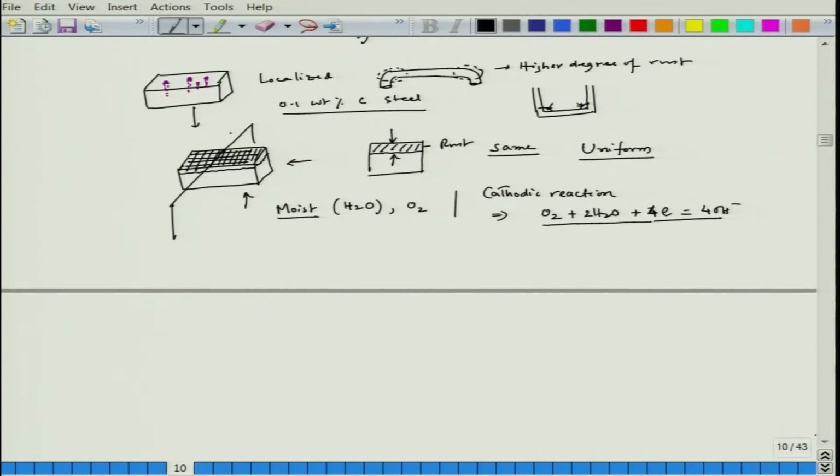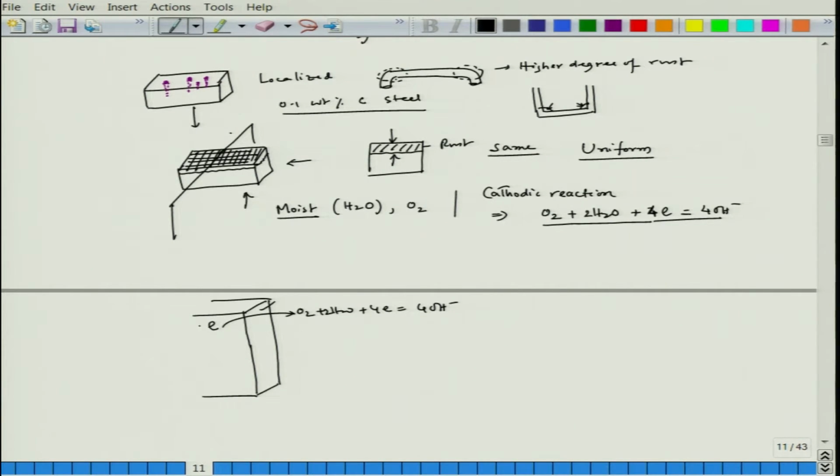So, if you see this surface, let us say cross section wise, let us say this surface is exposed. So, let us say O2 plus H2O plus 4e equal to 4 OH minus, that reaction is taking place, and electron is taken here.